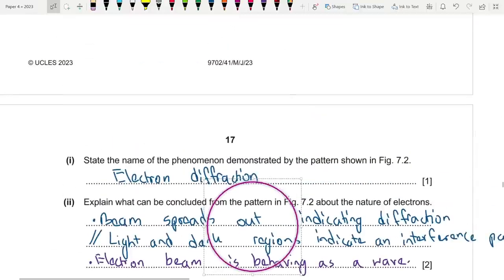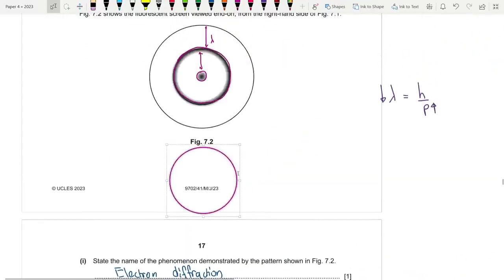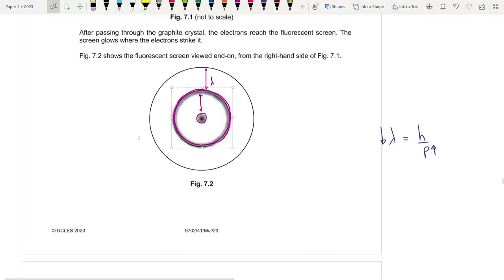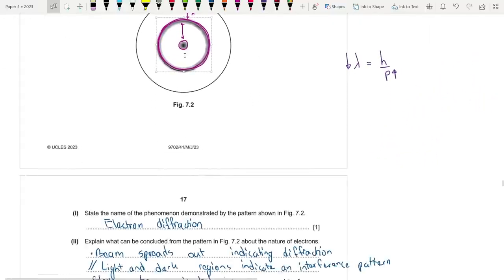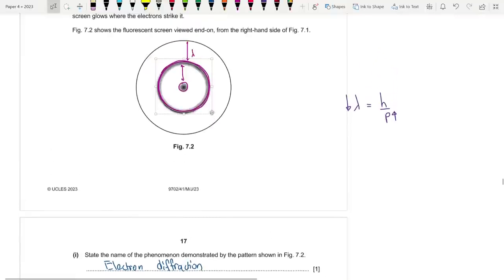So why don't I just show you here? So before it was like this, right? Now it just has to come closer. Maybe it's gonna be something like this. There you go.